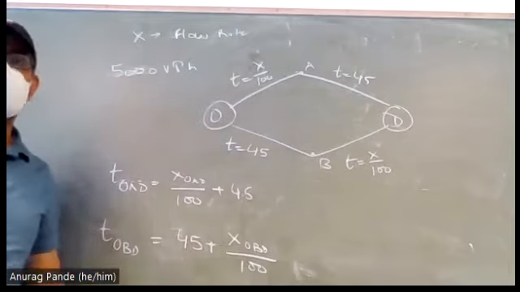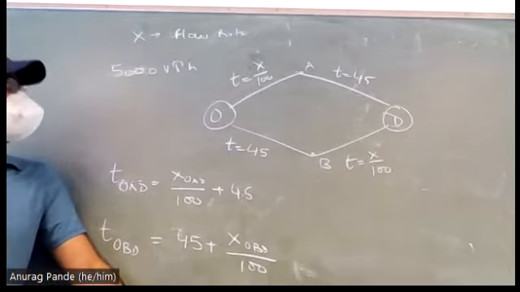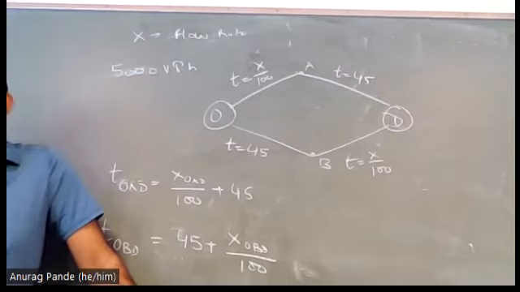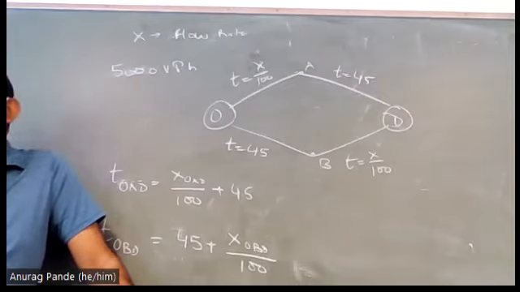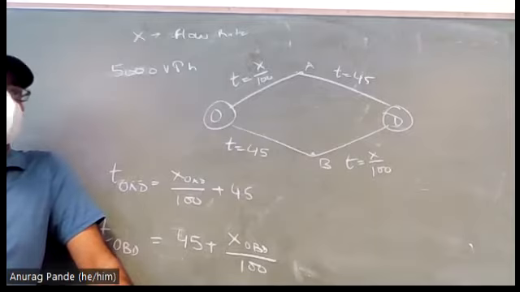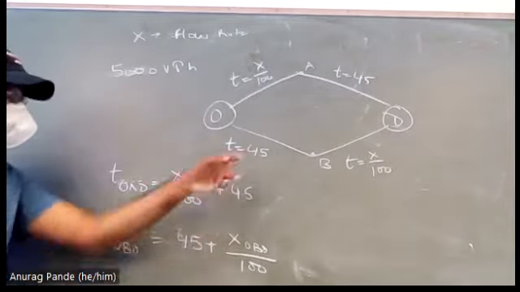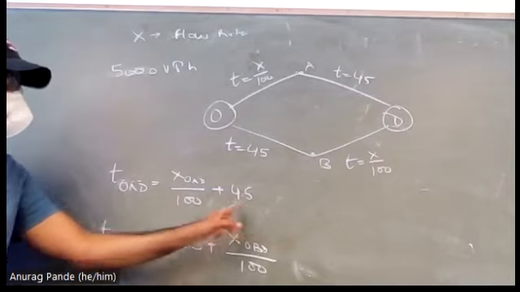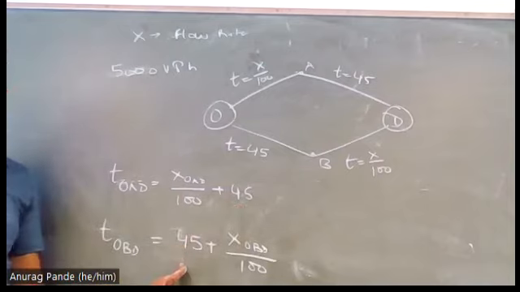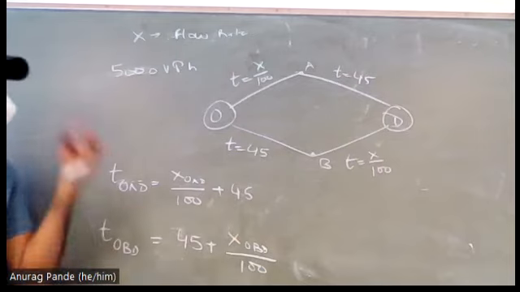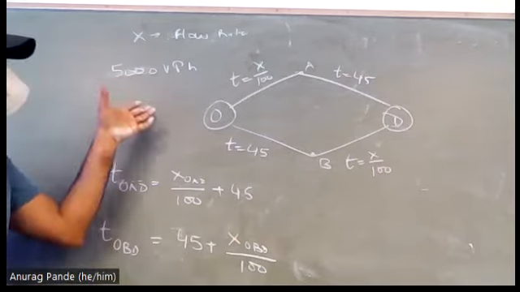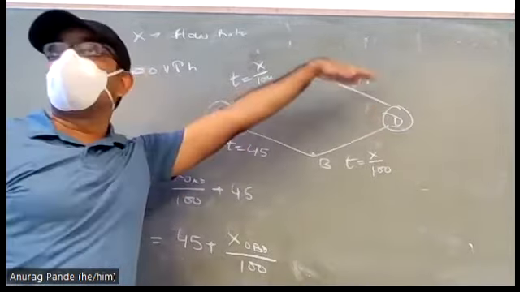Let's say the 5,000 vehicles per hour want to go from the origin to the destination. How would you distribute that demand between these two routes? Yeah, it'll split evenly because both routes become competitive at the same time, because their free flow travel time is the same, 45 units of time. So whatever demand you pick, they're always going to split evenly.